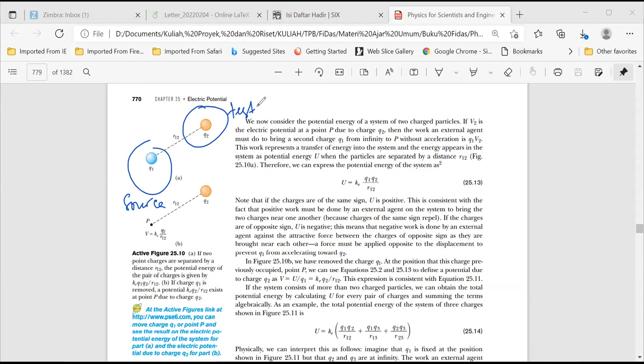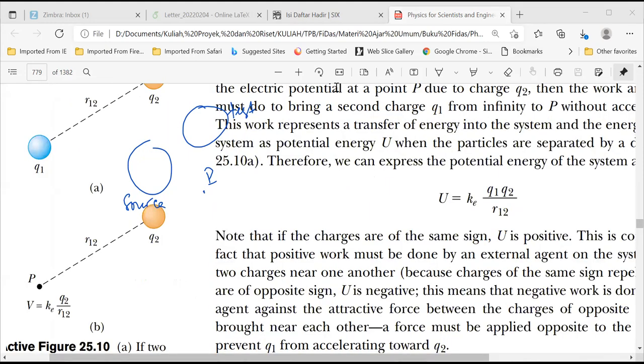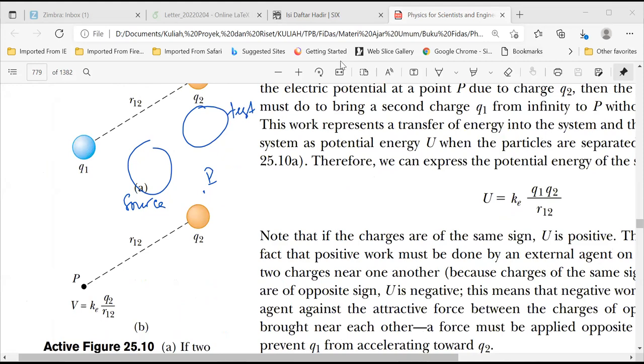The potential from Q1 to the point where Q2 lies, let's say this point P, is equal to this formula.